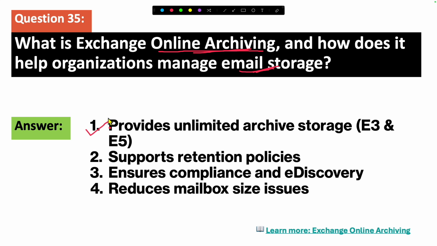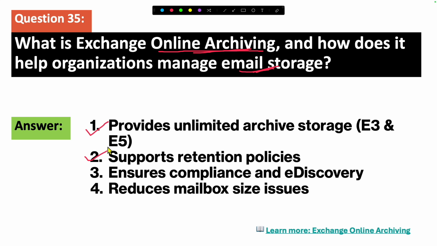So there is no reason why somebody should not archive the old emails. And you can use auto-expanding archives for older emails to free up the primary mailbox storage. So if somebody has so much email in the primary mailbox and wants to push it to an archive storage, you can do that automatically.